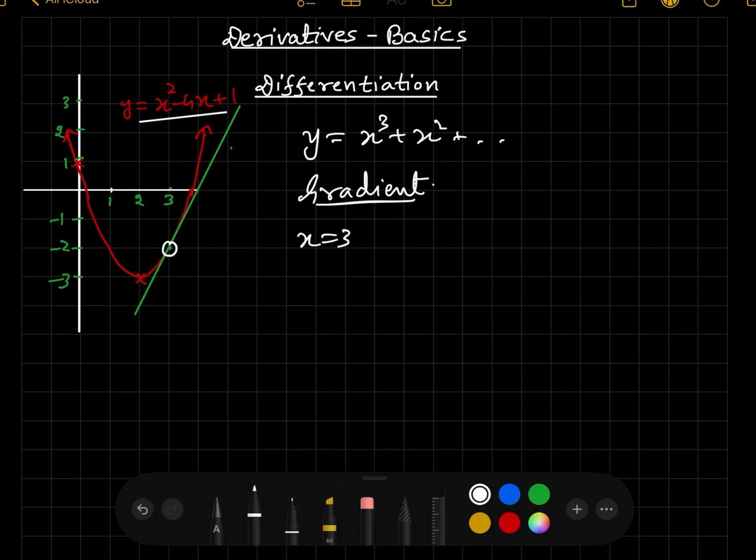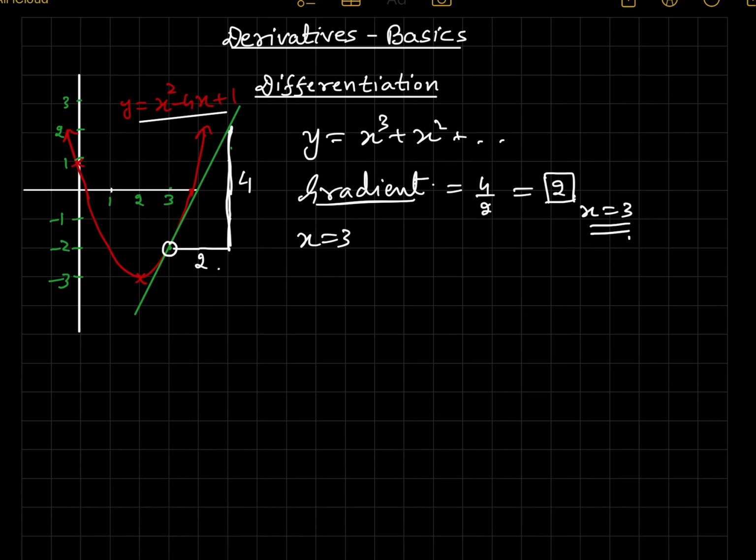When I plot the tangent, I can find the gradient. How? Here you can see, if I move 1, 2 units along x, then I am moving 1, 2, 3, 4 units up, correct? So if I am moving 2 units on the x-axis, then I am moving 4 units on the y-axis. That means my gradient is 4 over 2, which is 2, the gradient at x equals 3. In the same way, to find the gradient at another point, like x equals 2, we plot a tangent like this.